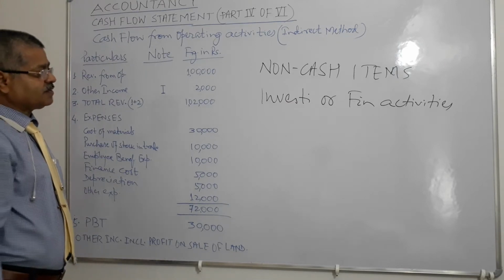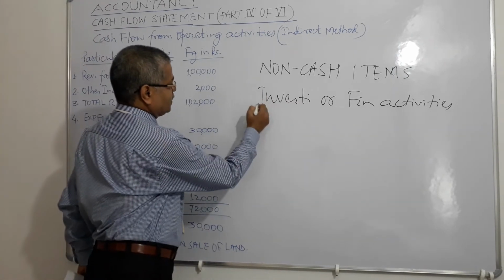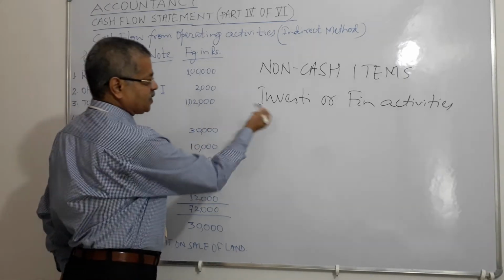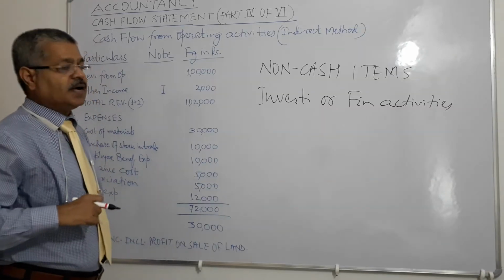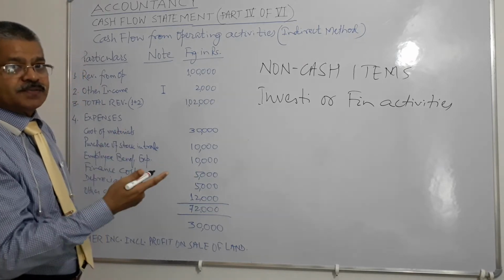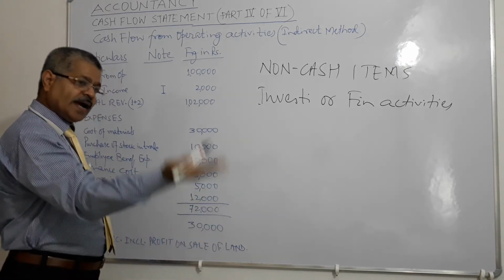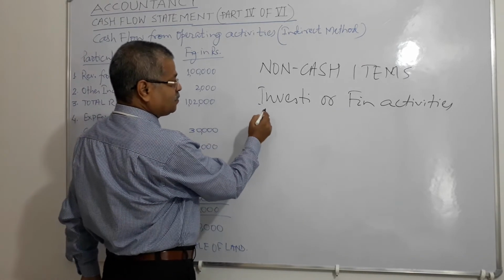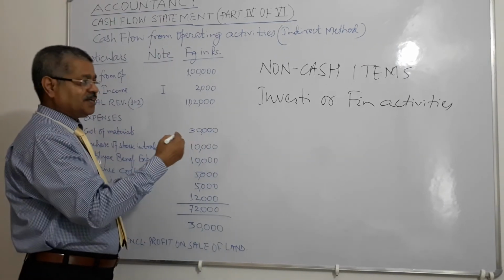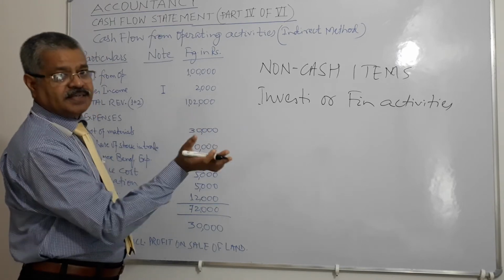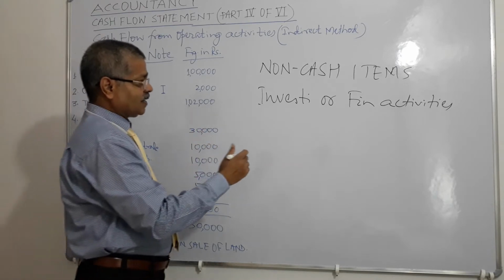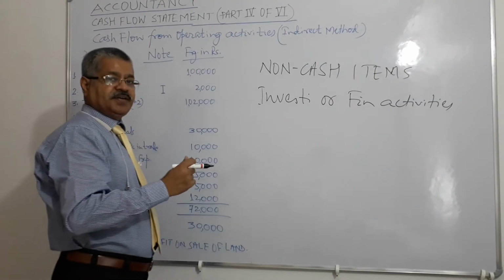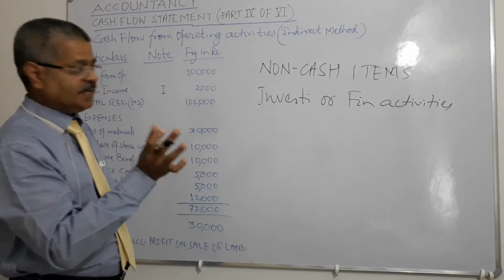How do we adjust? Suppose there is some expense which is attributable to investing activity. We will need to add that back. If there is some income on account of investing activity, we will need to deduct it. Similarly, if there is an income on account of financing activities, we will need to deduct it.